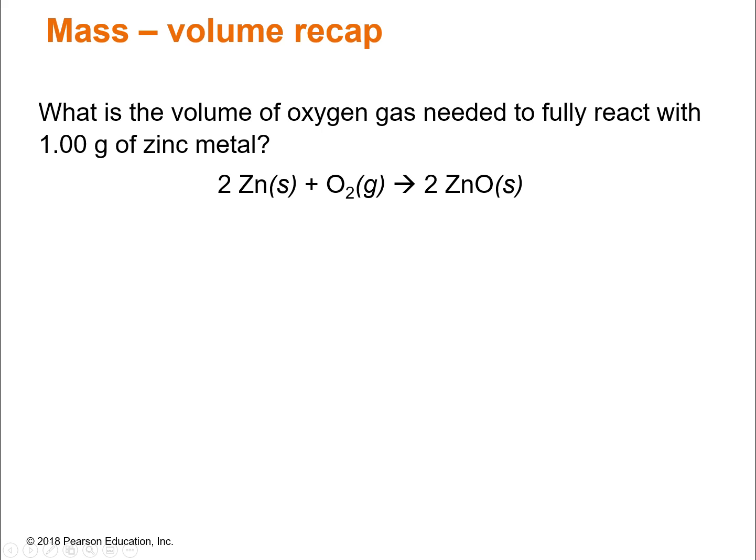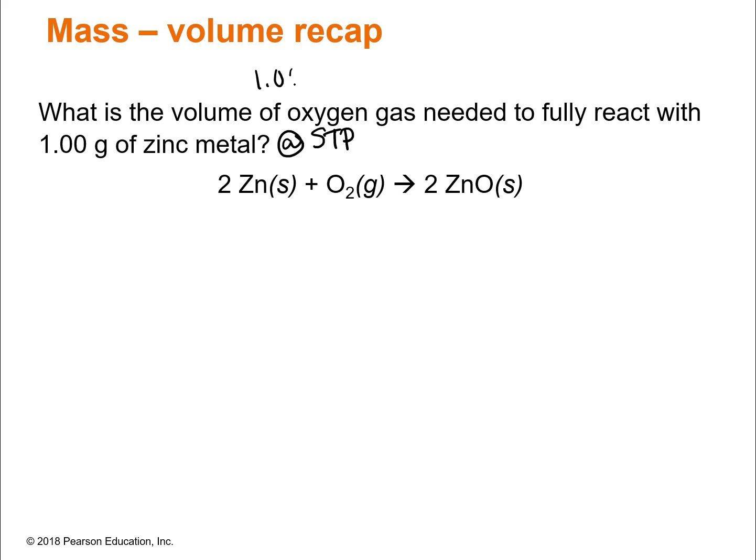Now we'll review mass to volume, which was the other problem type that we did. So, what is the volume of oxygen gas needed to fully react with 1 gram of zinc metal? And this is at STP, okay?